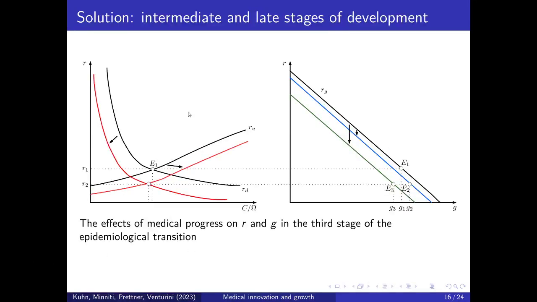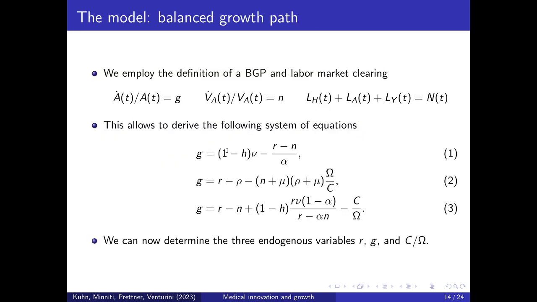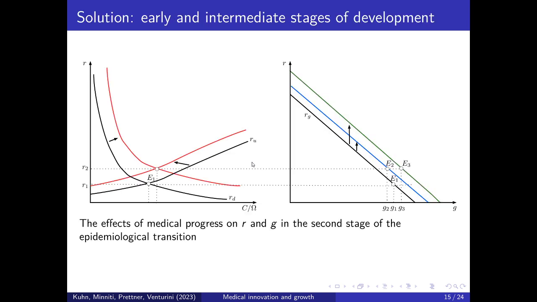Now assume medical progress continues further and we come to later stages of the intermediate stage of development, then medical progress becomes ever more demanding in terms of health investments. So H actually here would then increase. It becomes ever more resource intensive to get a certain reduction in the mortality rate out of a certain increase in healthcare spending or in medical progress.